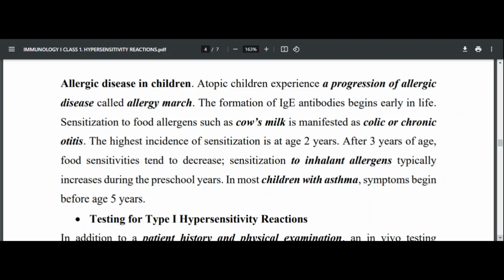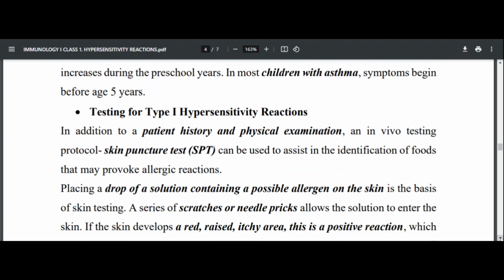So hypersensitivity reaction can be tested in the laboratory, and first of all we have to obtain patient history and physical examination, which involves a skin puncture test. This can assist in the identification of foods that may provoke allergic reaction in these patients.